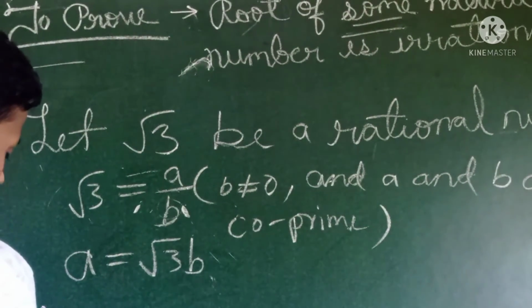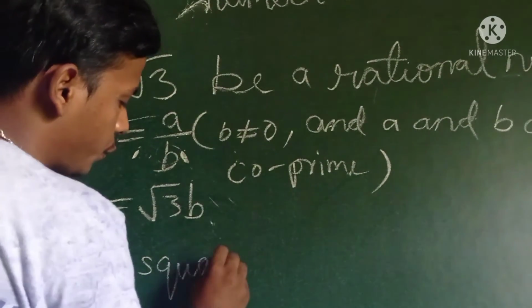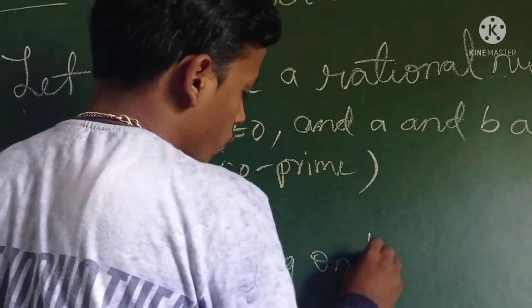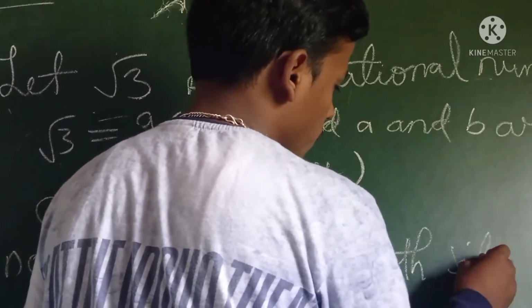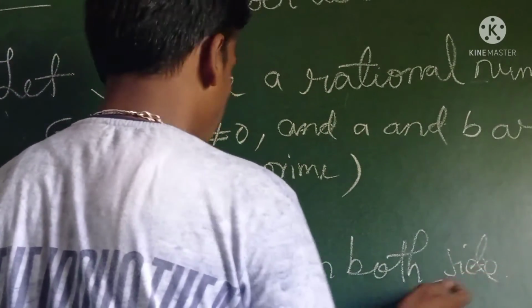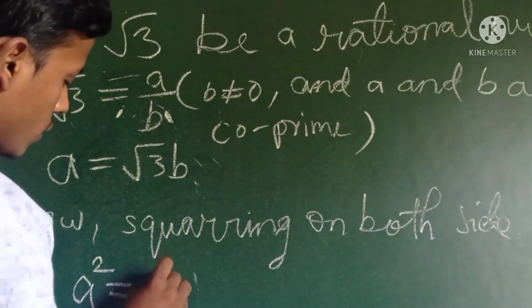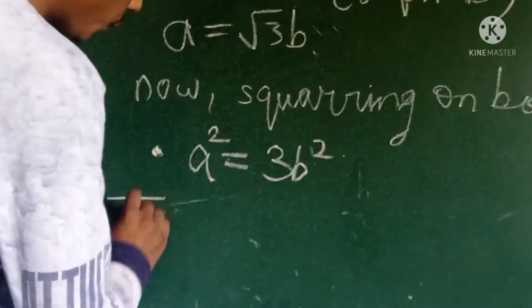Now squaring on both sides, a square is equal to 3b square.